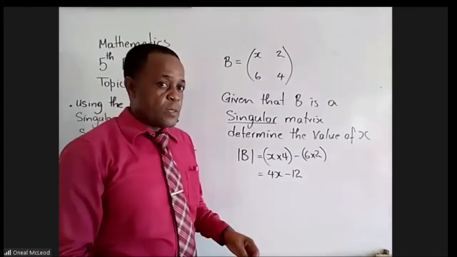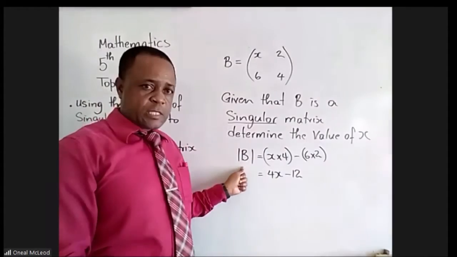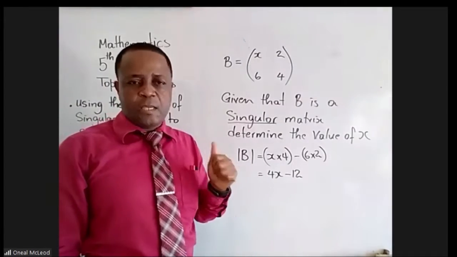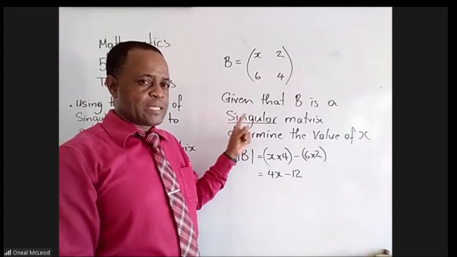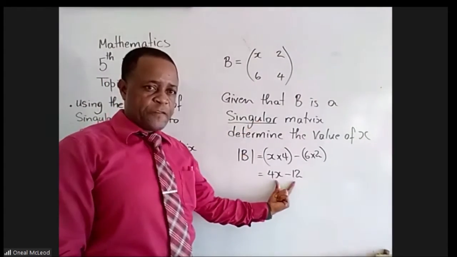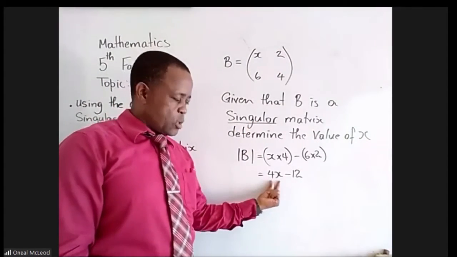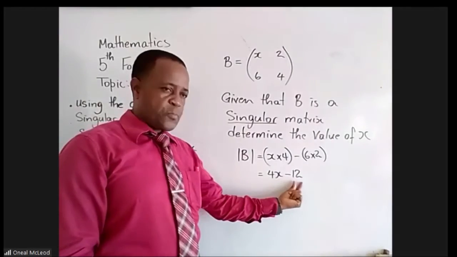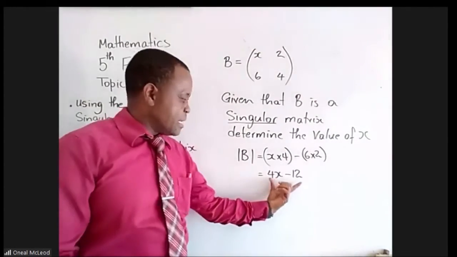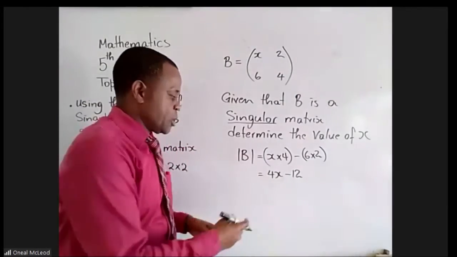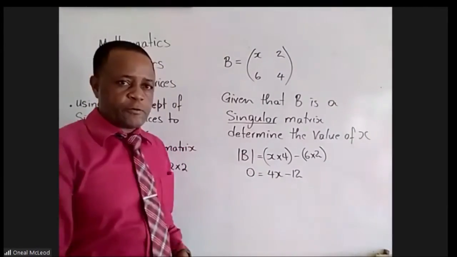Now, the determinant of the matrix must be equal to 0 in order for it to be a singular matrix. This is how we find the determinant: product of the leading minus the product of the non-leading. But for it to be a singular matrix, this must work out to give you 0.